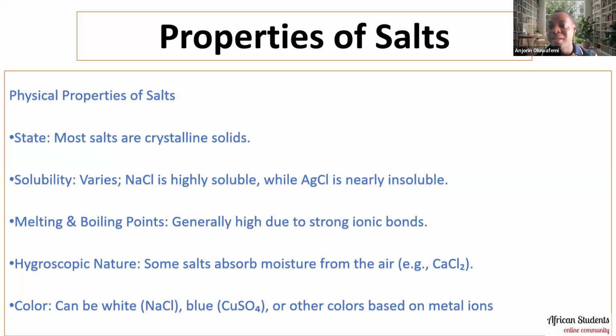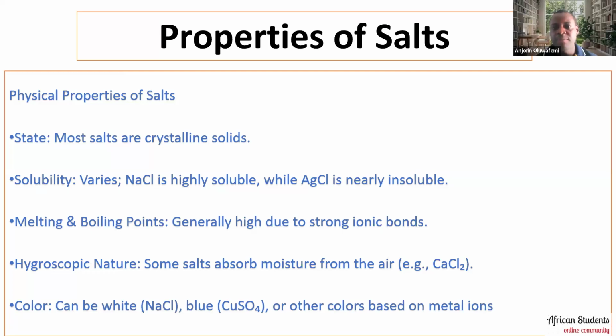Melting and boiling point: they have generally high melting and boiling points, and this is due to the existence of ionic bonds between the elements that make up the salt.